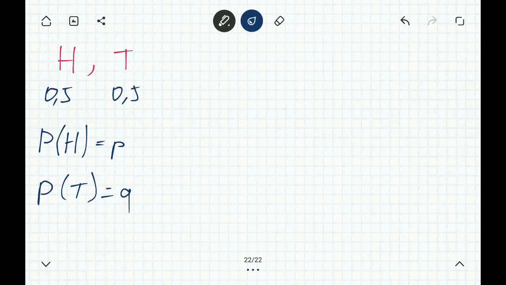Okay, so now let's make 3 coin tosses. In statistics, we formulate it in a slightly different way because you know we are scientists and we like the words that sound clever and so on.